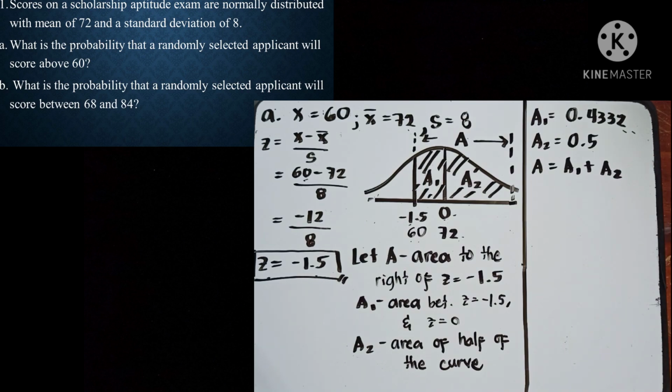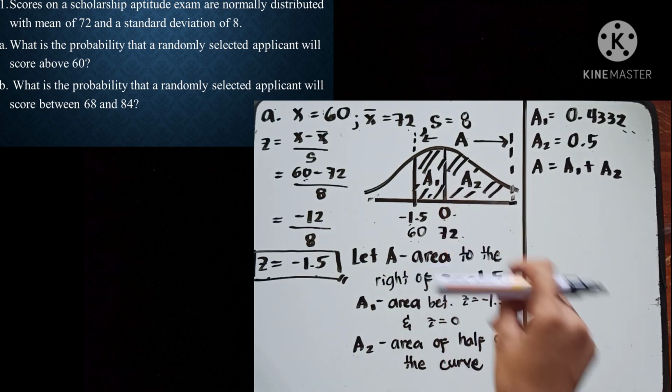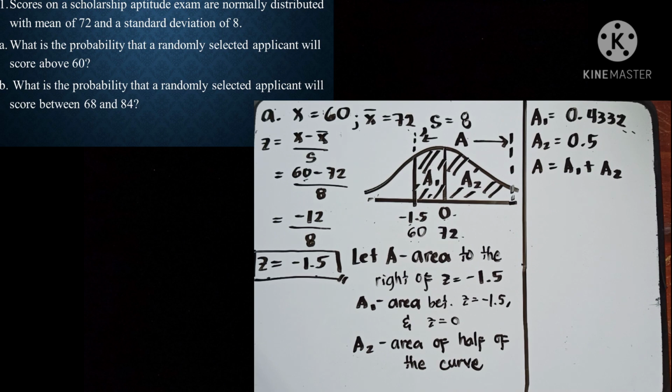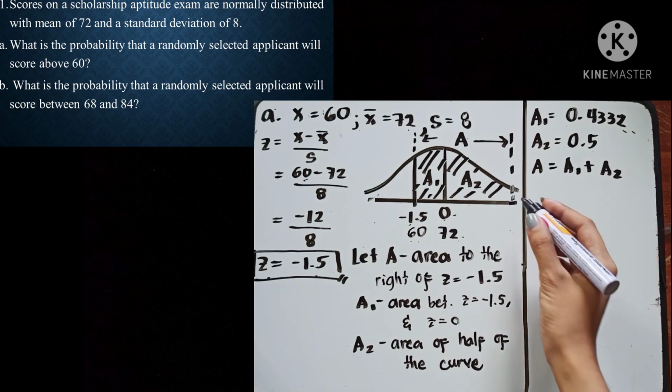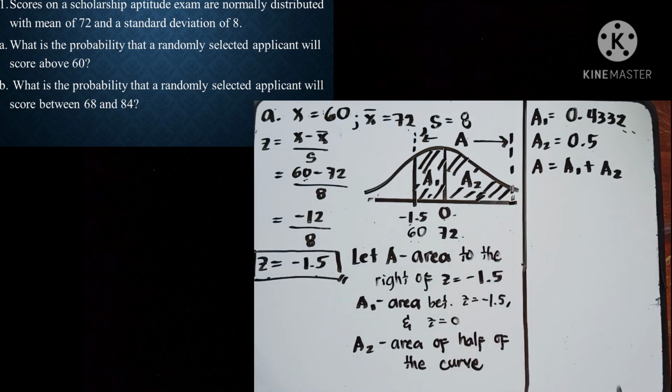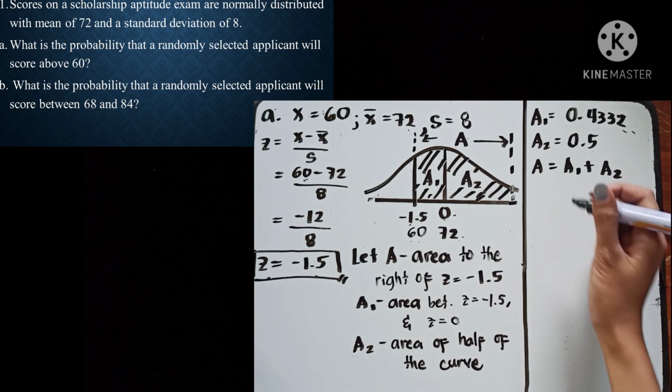So, katulad na sinabi ko kanina, kapag dalawang side yung nakuha mo sa normal curve, the operation is addition. So, kaya po mahalaga na tama yung pag-i-sketch mo. Kasi ito yung pinagbabasihan mo kung ano ba yung magiging formula mo to get the value of A. Okay?